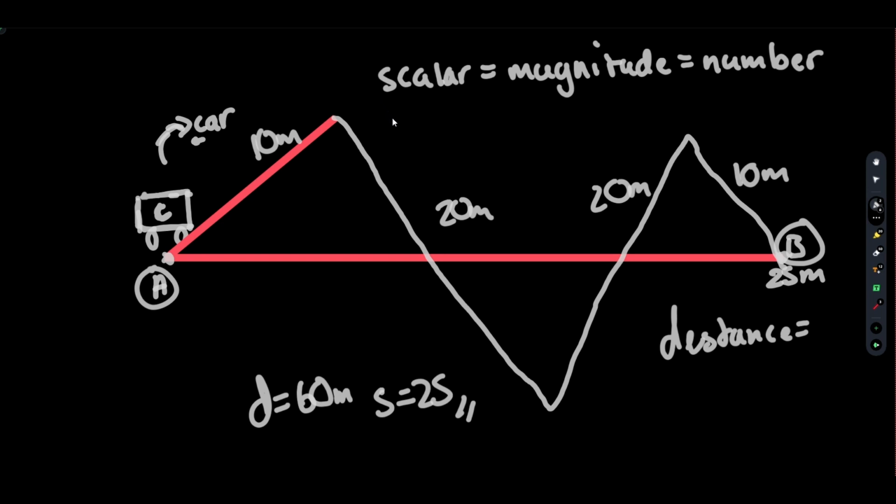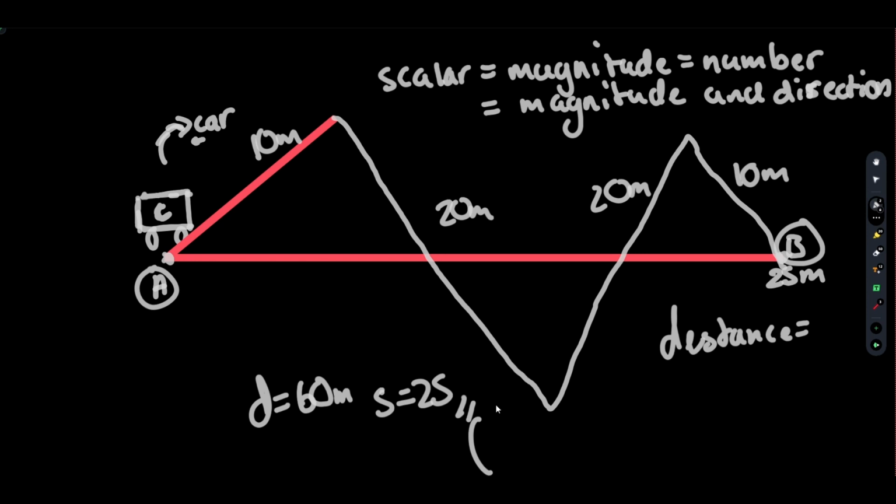vector because it has a magnitude and a direction. I'm running out of space here. So displacement will have direction, which you guys have in vectors. So forget about this example.